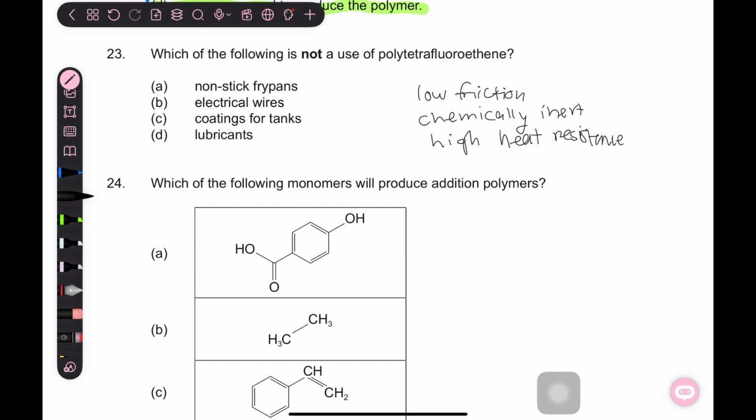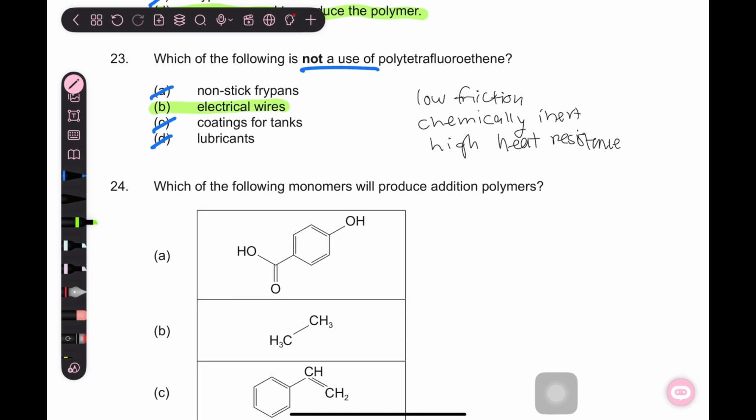So therefore, it's great for things like lubricants, it's great for things like coating for tanks, and it's great for things like non-stick fry pans. And because this question is asking us what is not a use, we can therefore determine it can be used to insulate electric wires. It cannot be used directly for electric wires.